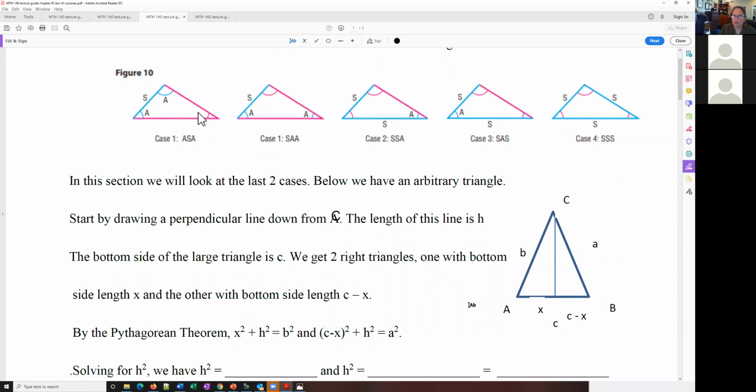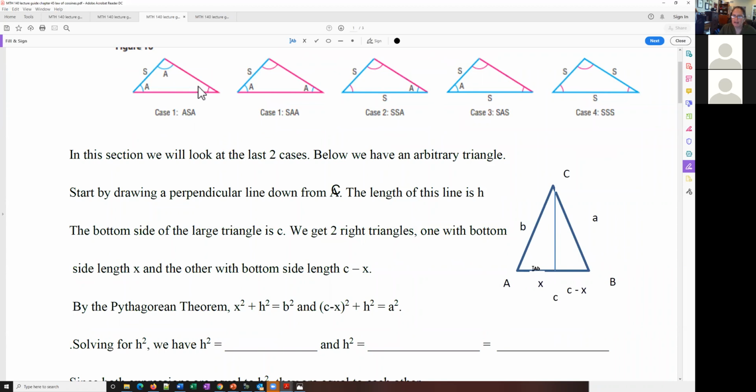And then we can use the Pythagorean Theorem and see that x squared plus h squared, remember this has a length of h, x squared plus h squared will equal b squared, and (c minus x) squared plus h squared will equal a squared.